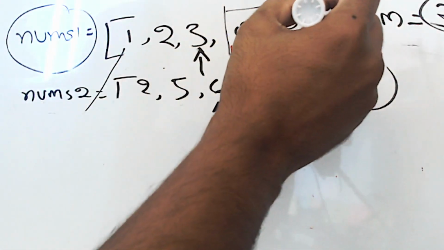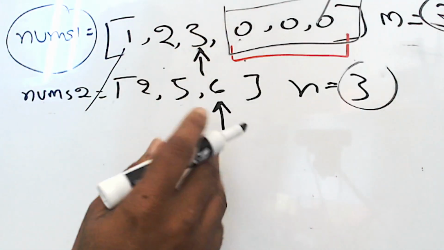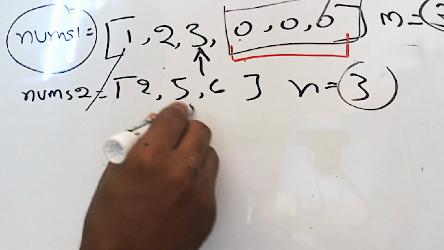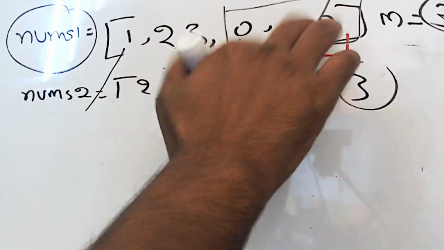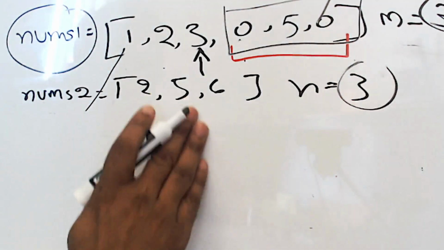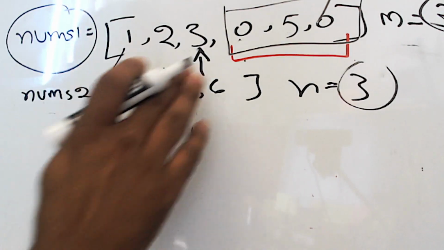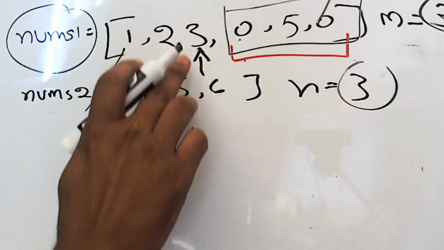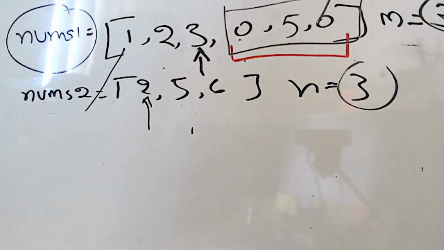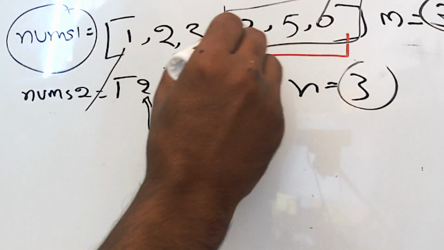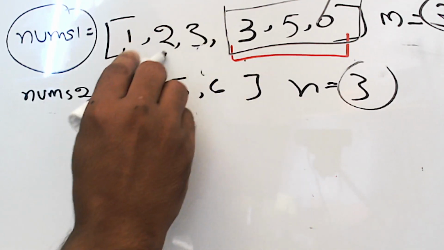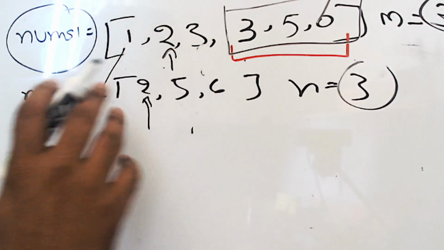So I'm going to put 6 here and move the pointer to here. Then again I compare 5 and 3. So 5 is bigger. Then I move the pointer here. Then again I compare 2 and 3. So 3 is bigger, right? So I move 3 here and move this pointer to here, and so on.